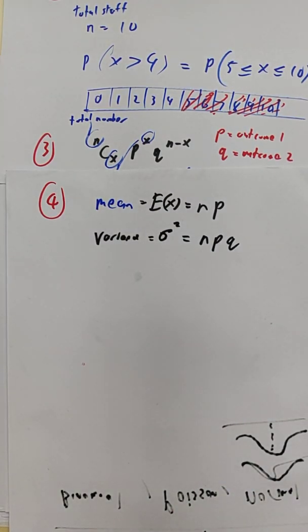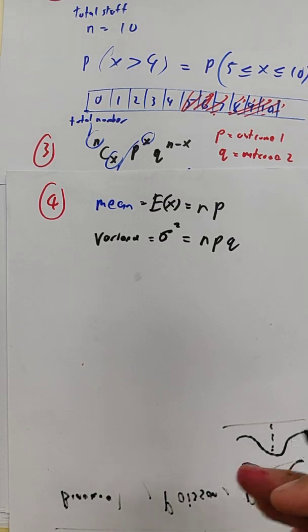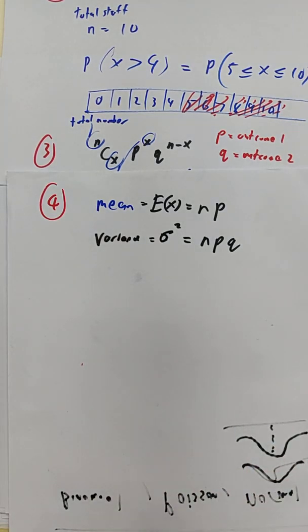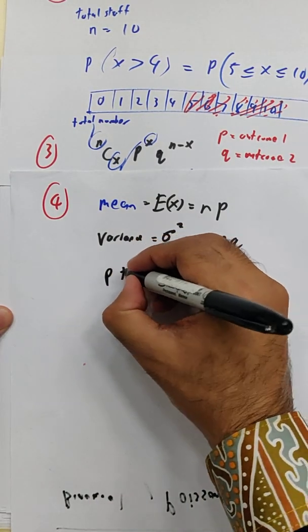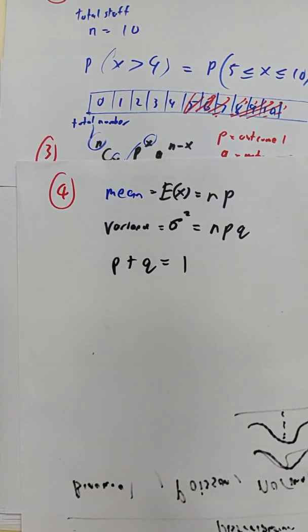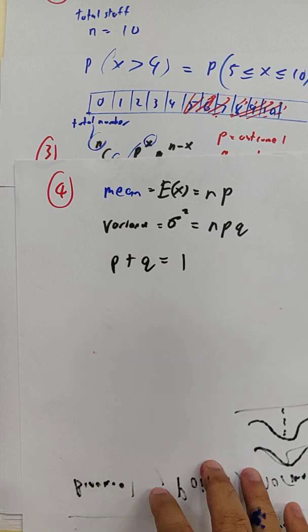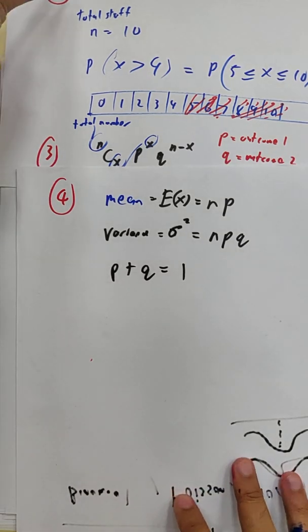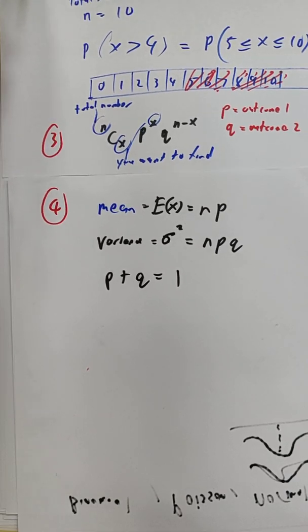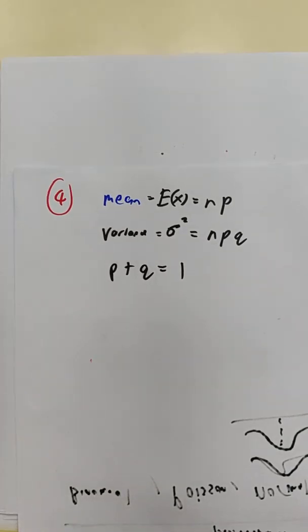Sometimes in the exam, when they ask you to find the variance, you just do it this way. And you need to know as well, what happens when p plus q, what will I get? 1, why? The total probability. Right, so let's get the rules out of the way.